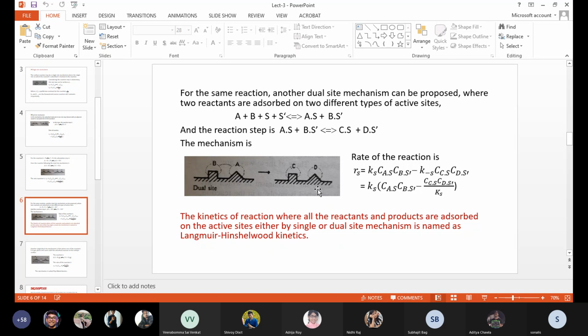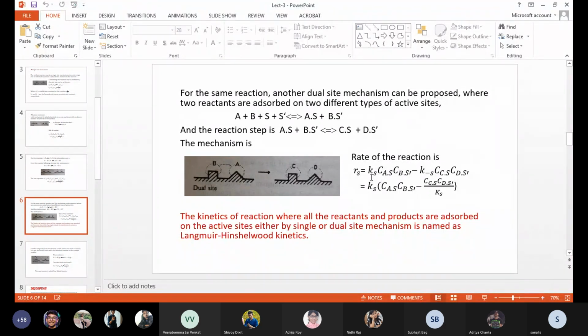Look at this picture. Similarly, the rate of the reaction, RS, is the total overall rate of the reaction. Forward reaction rate, small ks is the forward reaction rate constant, into C A dot S into C B dot S dashed, these are the occupied site concentrations occupied by A and B, minus the reverse reaction rate, where small k of minus is the reverse reaction rate constant, into C C dot S, C D dot S dashed.